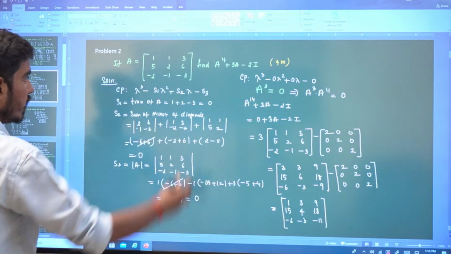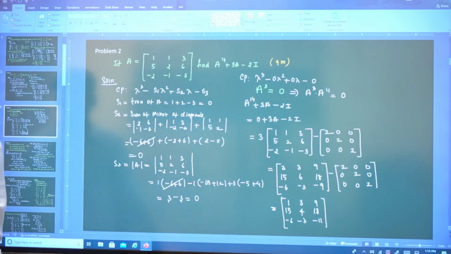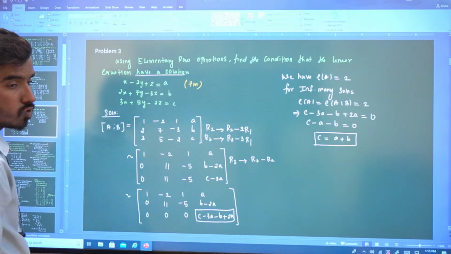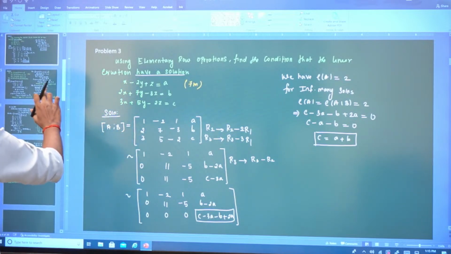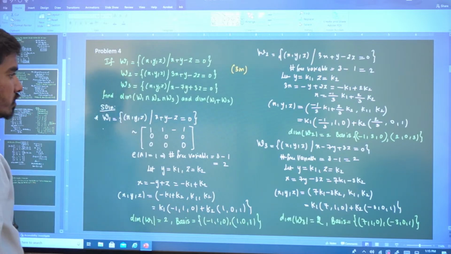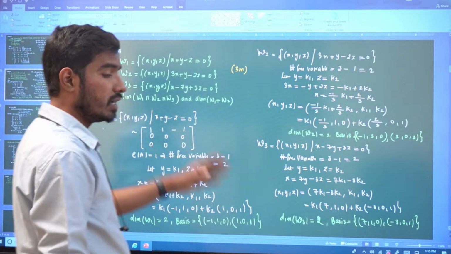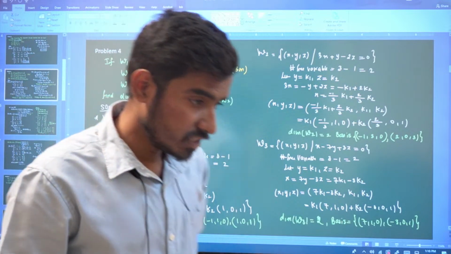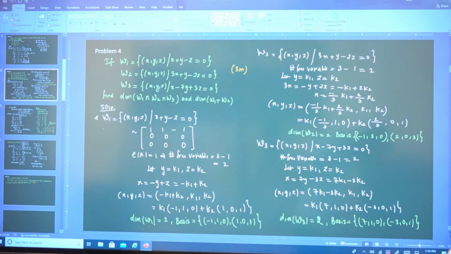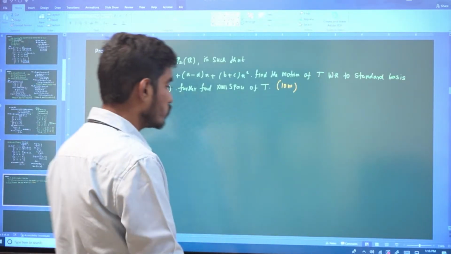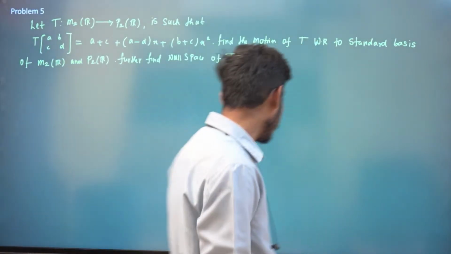We found the power A^14 + 3A - 2I, and then the condition for this system to have a solution, and then they gave w1 w2 w3. They asked about dimension of w1 plus w2 and dimension of w1 intersection w2 intersection w3. So I will move on to the fifth problem. There are 9 problems, so I'll go fast.